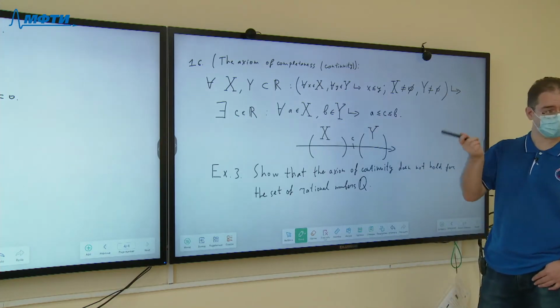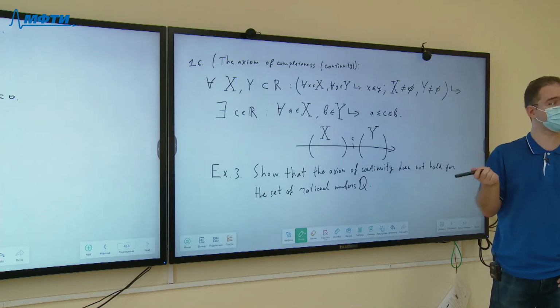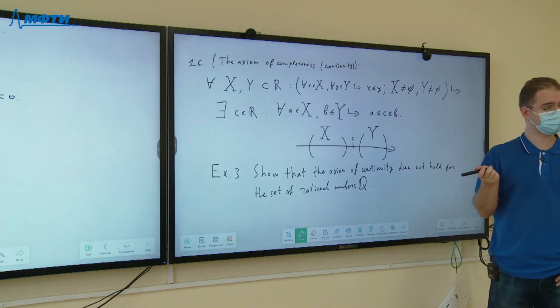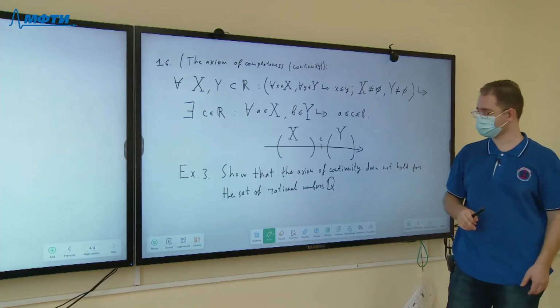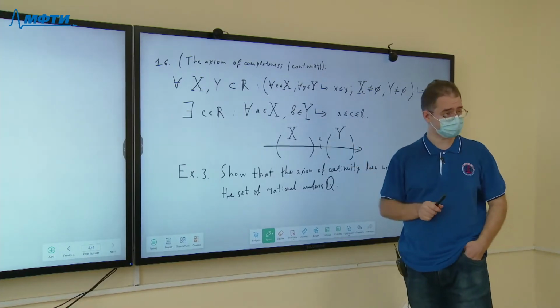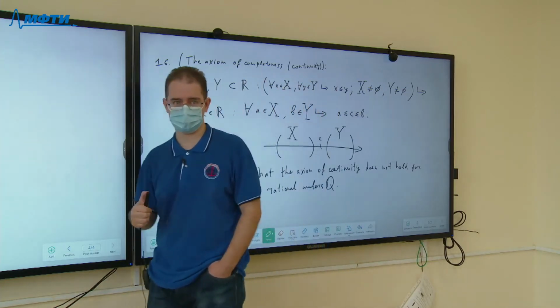The first 15 axioms do hold. We can add and multiply rational numbers and divide, and everything is okay, but not this 16th. We will show it later. Well, on the seminars, probably.